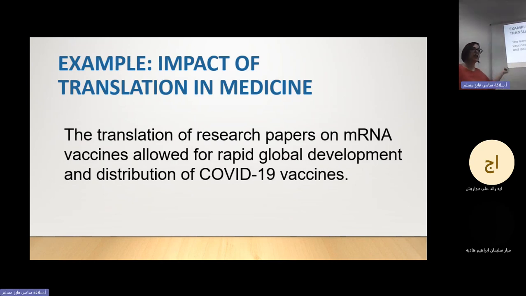So the research done on this mRNA has led to discovery. These discoveries and researches were translated to almost every language out there in order for the scientists of that country to work on looking for the vaccine that will help us with overcoming COVID-19's effects.